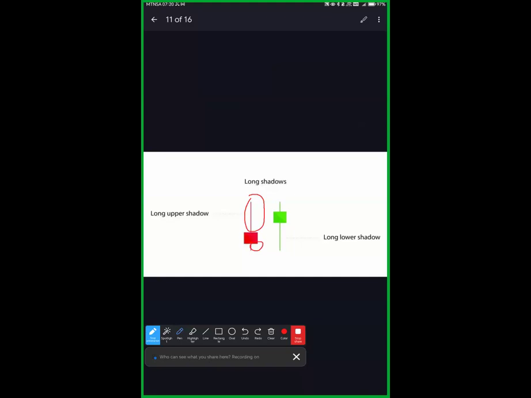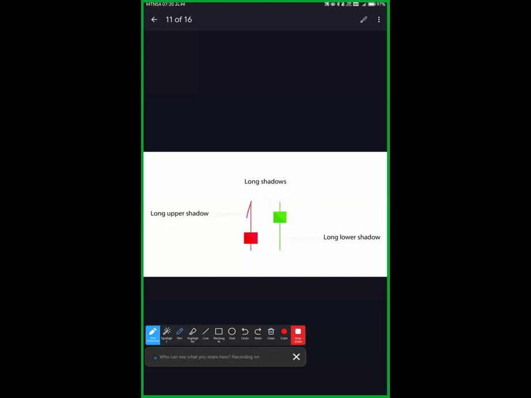Right. Now, when you see that a candle is having upper and lower shadows, there is very important information about that particular trade session. We are analyzing a trade session here, price action in a trade session.